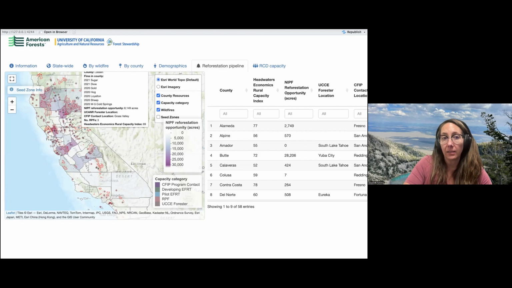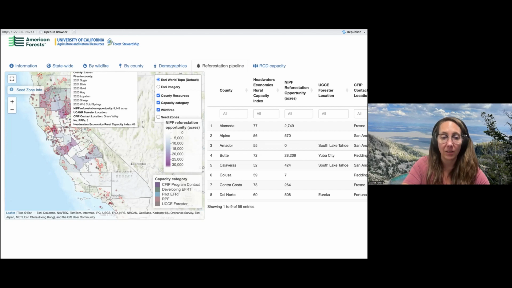If we're looking at Lassen, we have the list of the fires in the county, the reforestation opportunity, if there's a UCA&R forester there, if there's a CFIP contact for funding support, the number of registered professional foresters, and the Headwater Economics Rural Capacity Index. So how much ability do they actually have to support growth and capacity and potentially support some of the need in workforce capacity that might exist within that particular county.